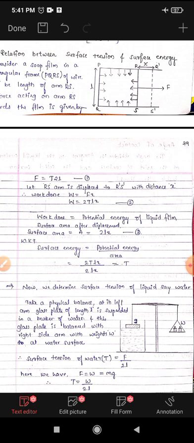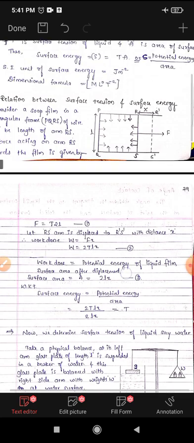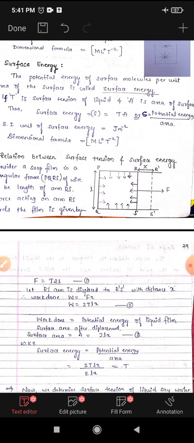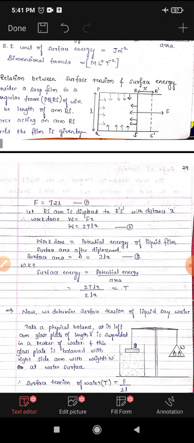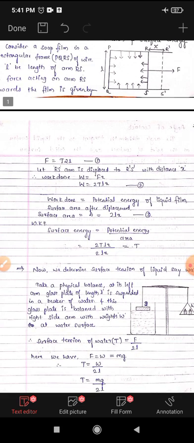We know that the work done is stored as the potential energy in case of liquids, by using this surface energy. So this work done is the potential energy we are taking.